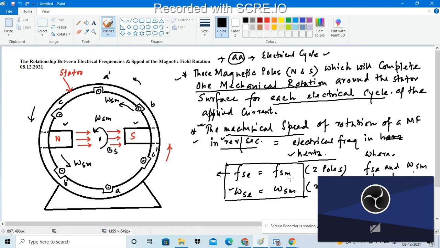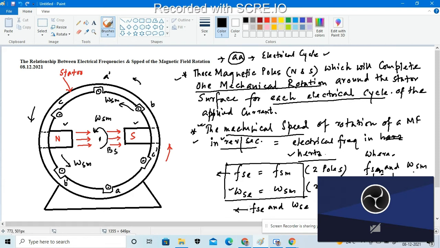whereas f of Sm, okay, m stands for mechanical. Whereas f of AC and omega of AC are actually called the electrical frequency.